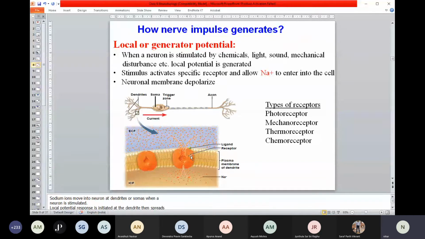This is called a ligand gated channel, a different kind of channel, and we'll talk about it in more detail later. When the sugar or any other chemical molecule binds to the receptor, it gets activated and causes entry of sodium ions. There is a lot of sodium outside, so sodium just floods in.